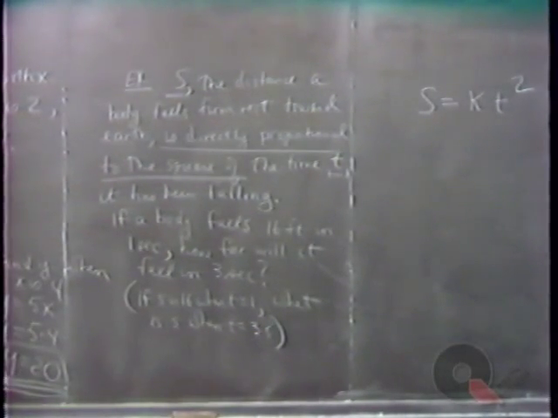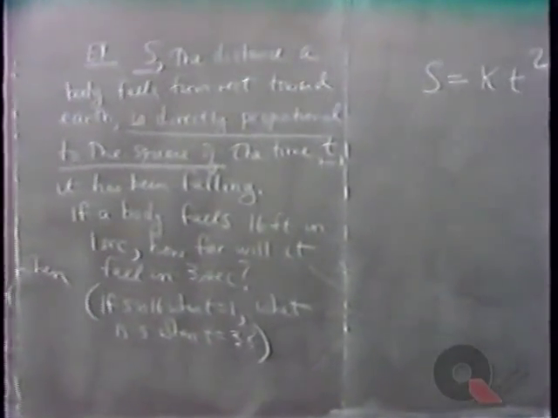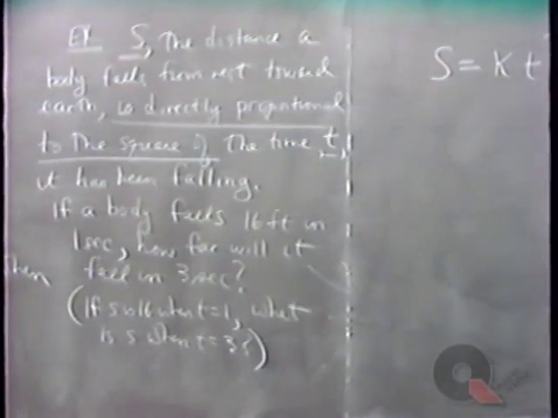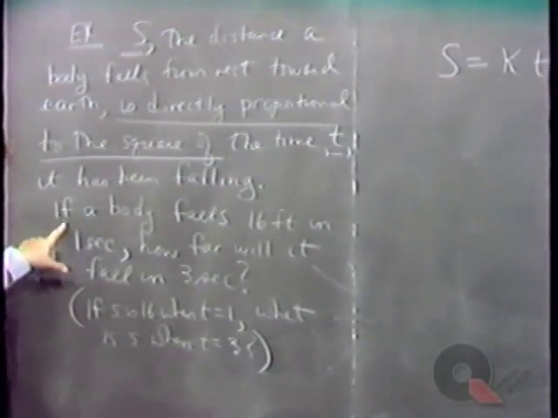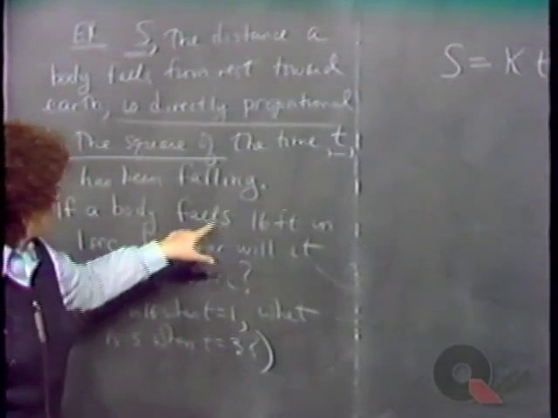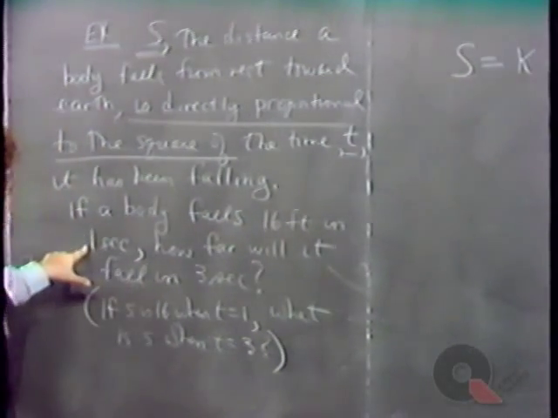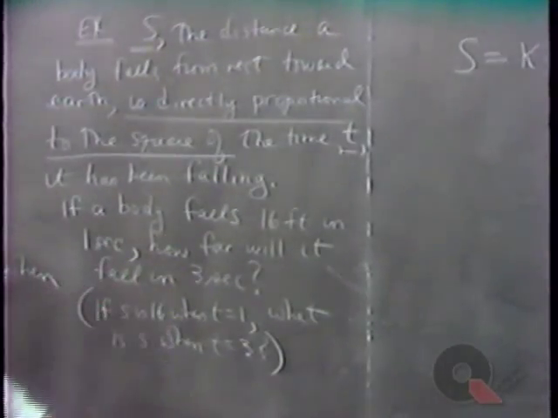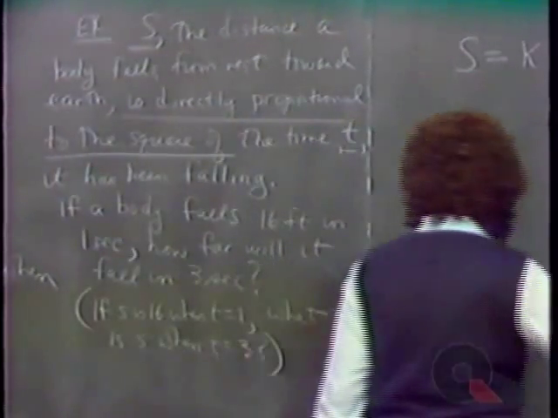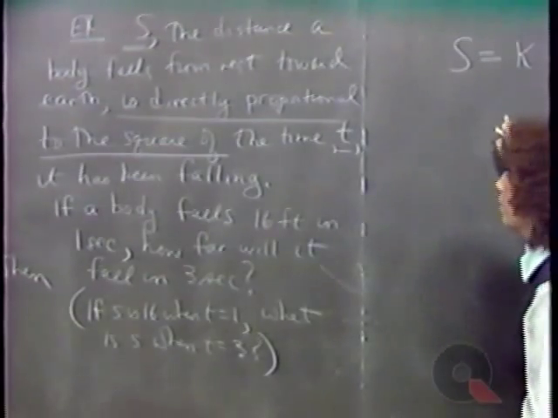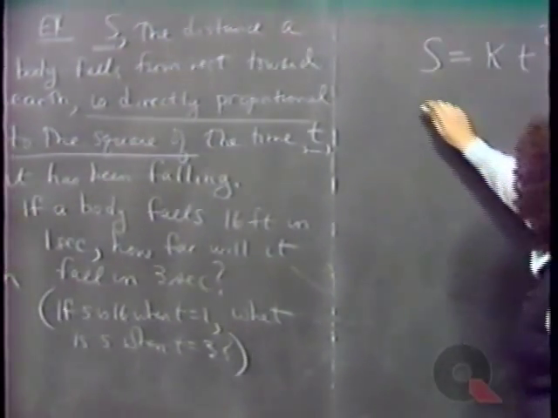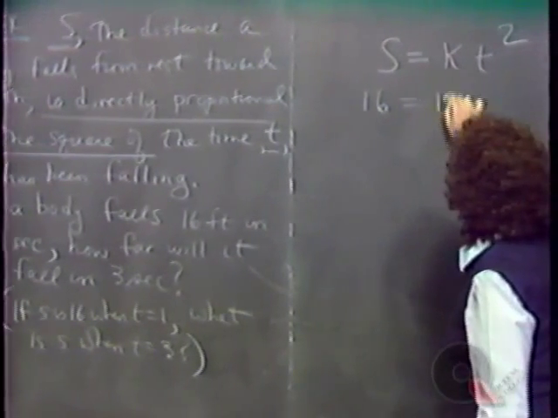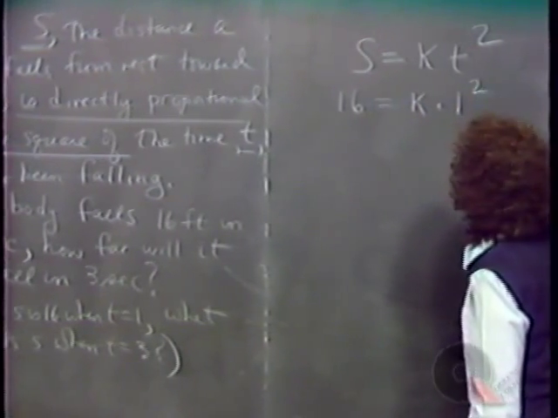Now it looks much more like the preceding problem. If s, the distance it fell, is 16 feet after 1 second, how far will it fall in 3 seconds? Okay, let's go over here. We know that s is 16 when t is 1.